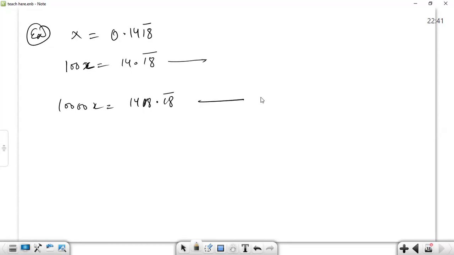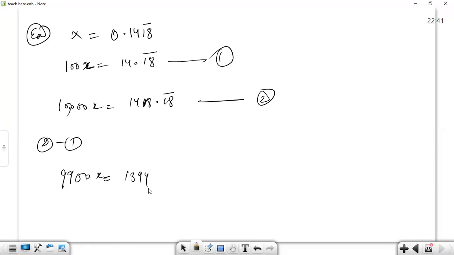Now this time, let's subtract the first equation from the second. On the left hand side, 10,000x minus 100x becomes 9,900x. The right side becomes 1408 minus 14, which becomes 1394.